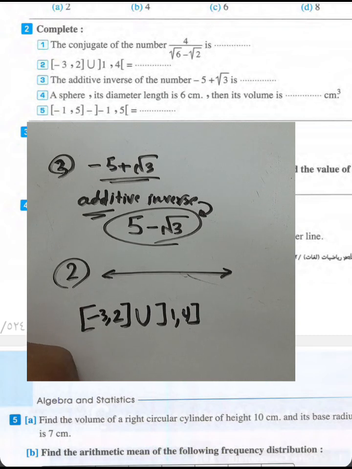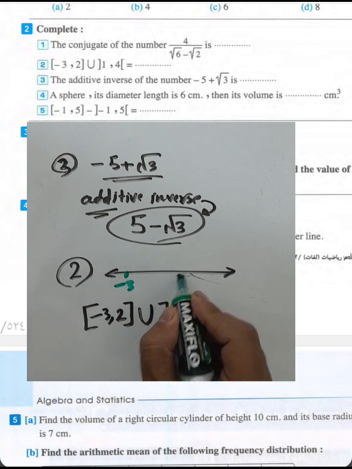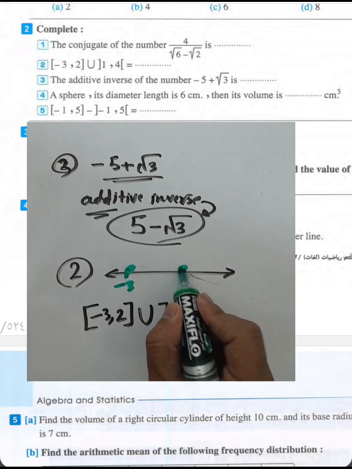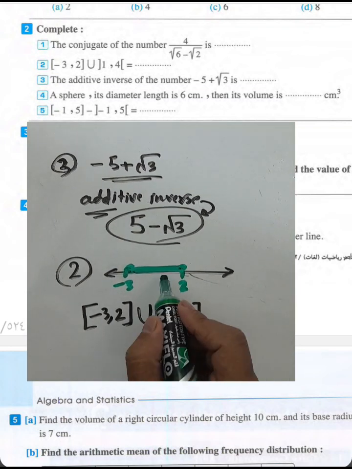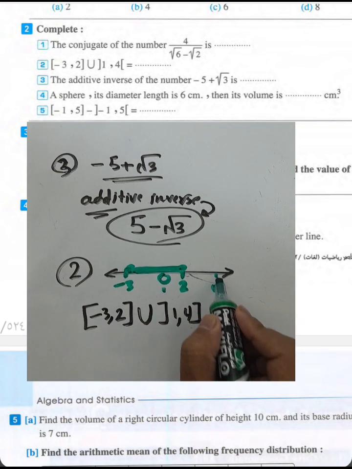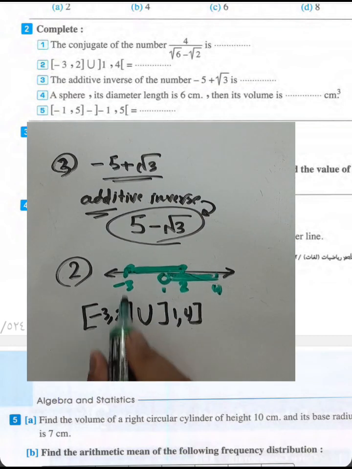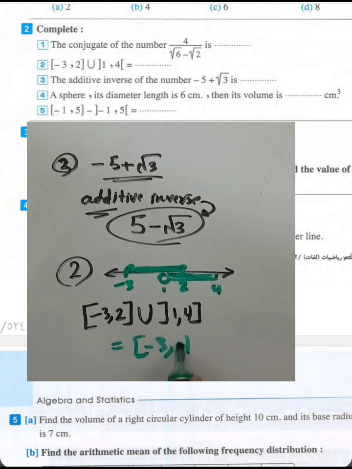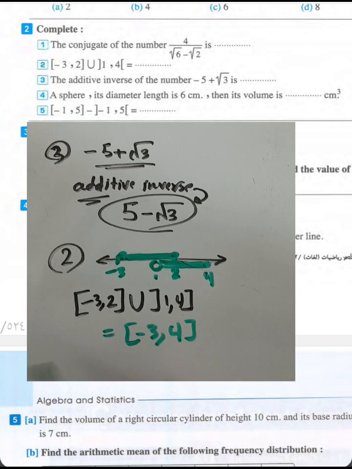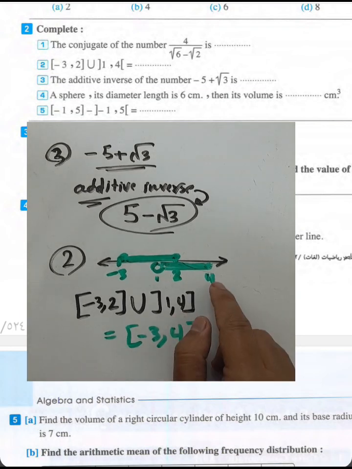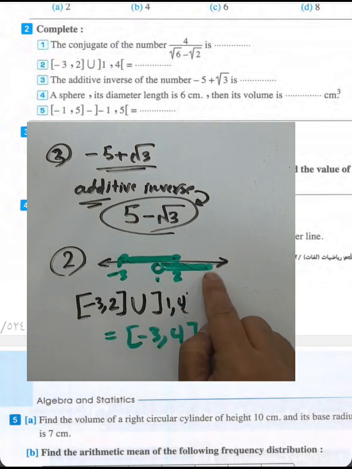First we can put from 1 to 4 and -3 to 2. -3 to 2 closed here, and from 1 opened to 4, and then the union will be from -3 closed to 4 opened. Okay, so the result will be -3 and 4, but was 4 closed or opened? 4 here was opened. Okay, he gives us 4 opened.